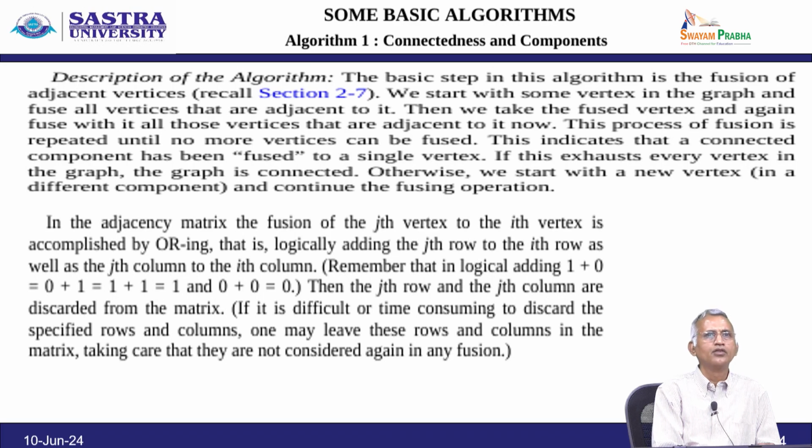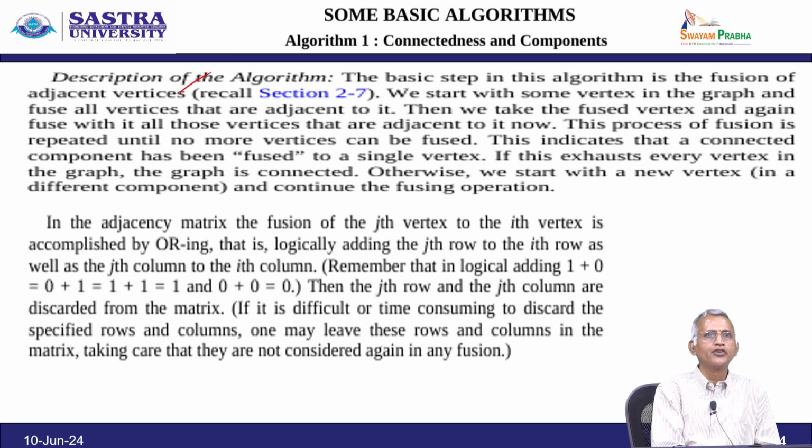Now, we go to the description. The basic step in the algorithm is the fusion of adjacent vertices. We start with some vertex in the graph and fuse all the vertices that are adjacent to it. Then we take the fused vertex and again fuse with it all those vertices that are adjacent to it now.